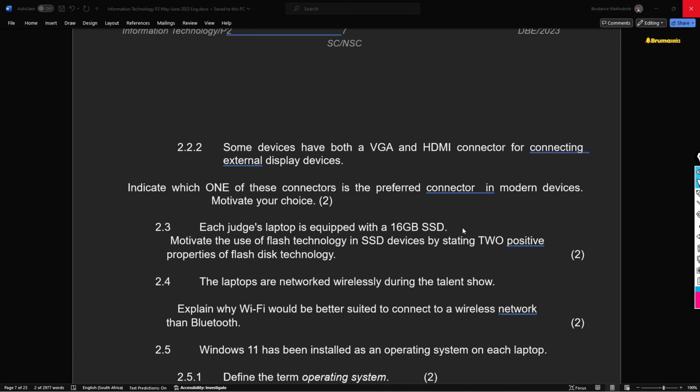And also this one comes with very low heat when it comes to processing of data, and there are no moving parts inside, just made of flash technology, or we can say chips, just like RAM.